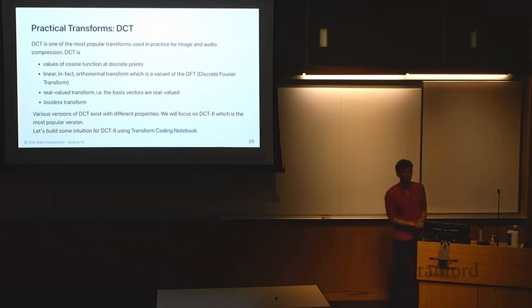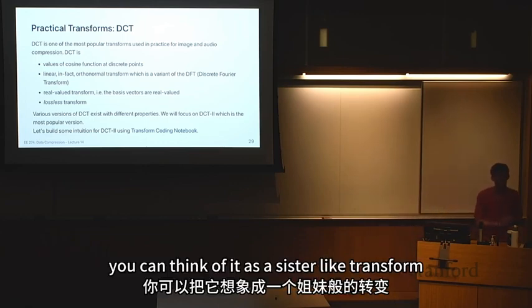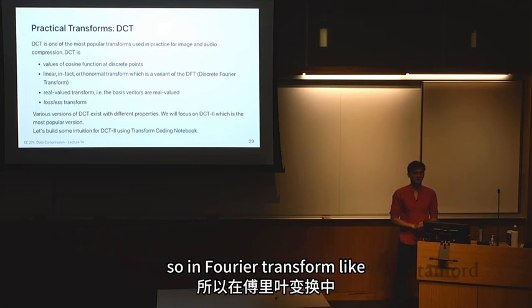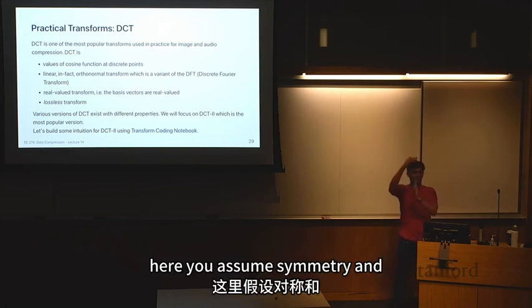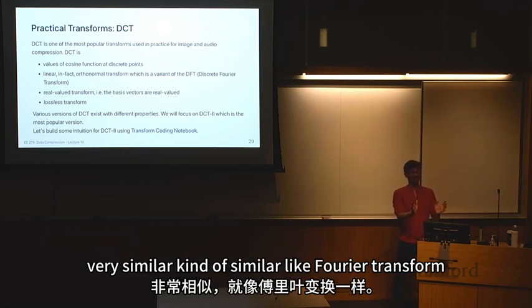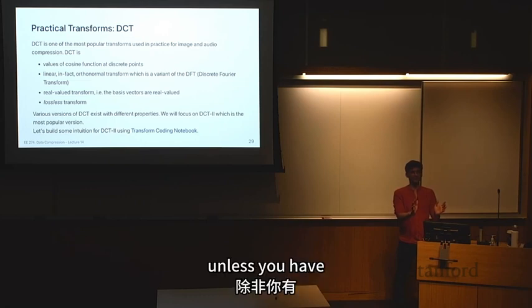Yeah. How is it different from Fourier transform? You can think of it as a sister transform. Basically, the boundary conditions are different. So in Fourier transform, you assume symmetricity, and it's basically a different transform, very similar to Fourier transform.